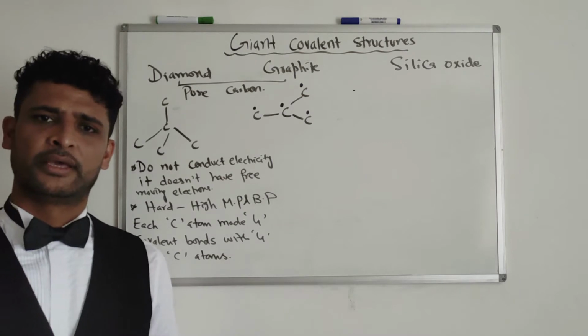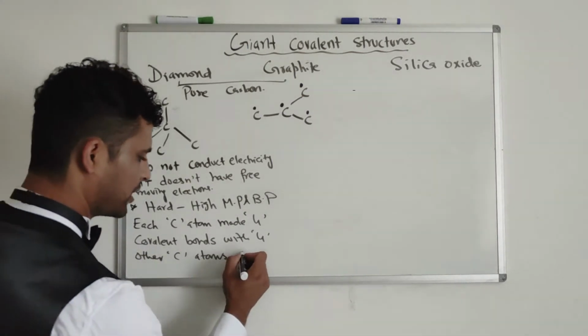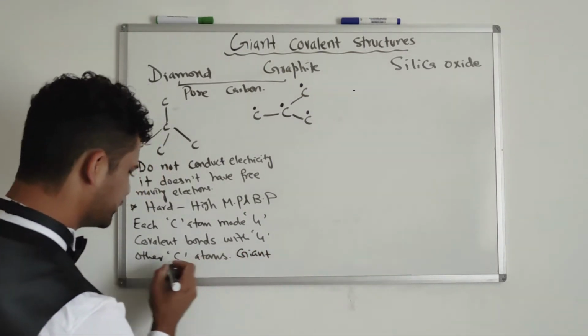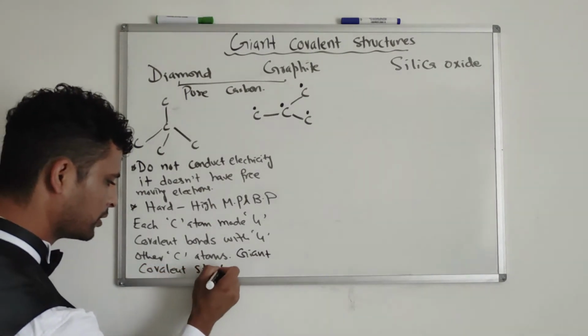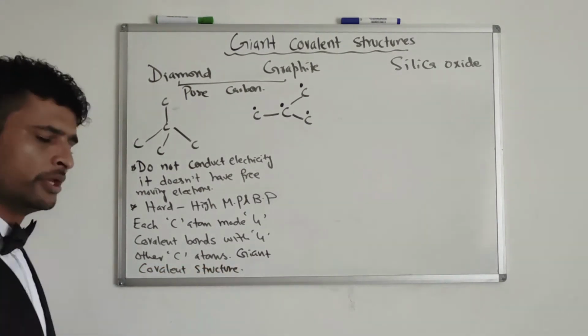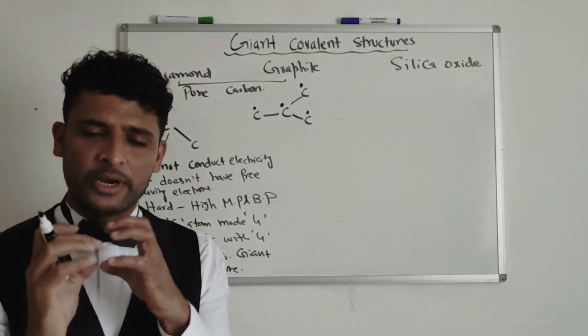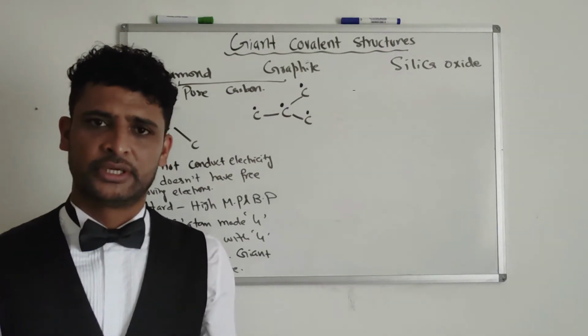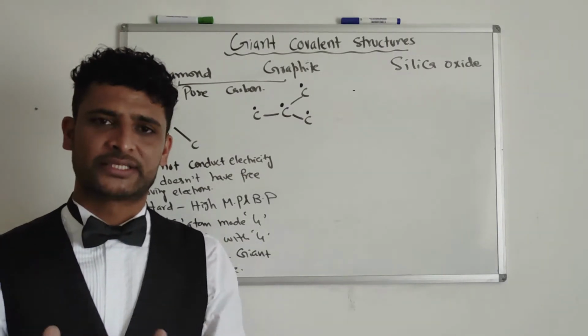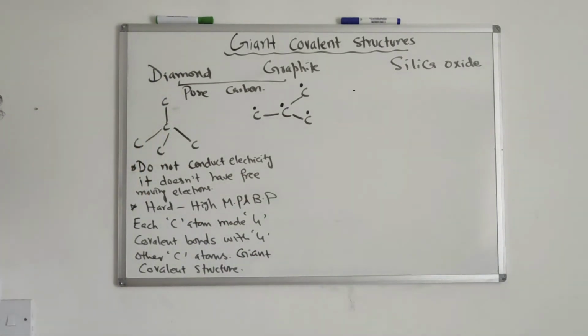That's why it will make a giant covalent structure. So the covalent bonds are very strong because of the giant covalent structure. It has a high melting point and boiling point.